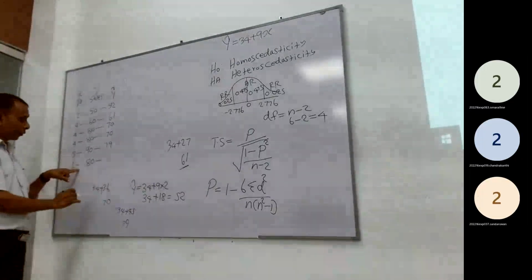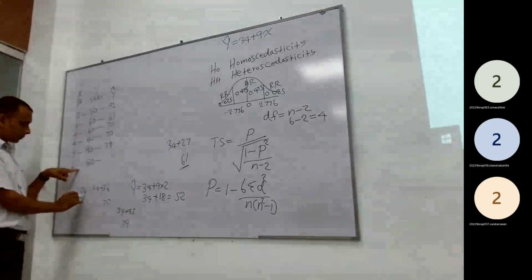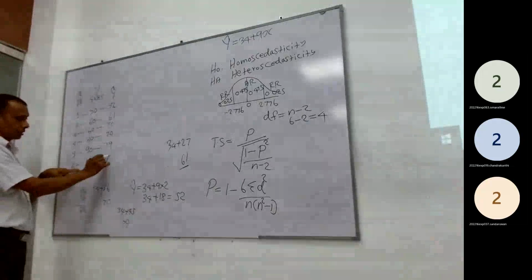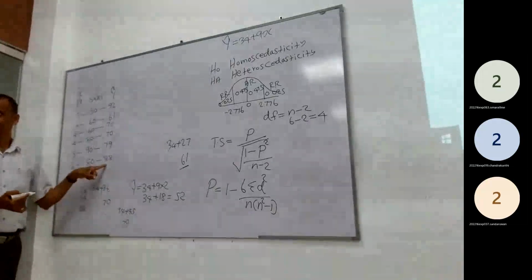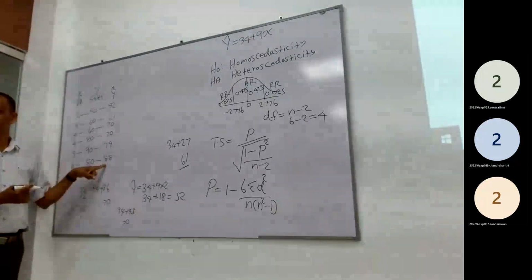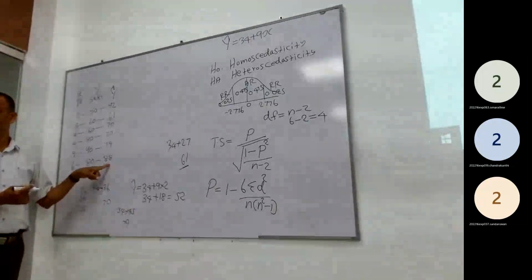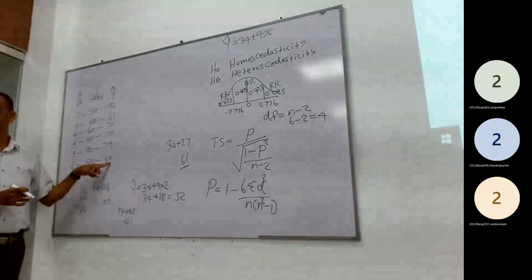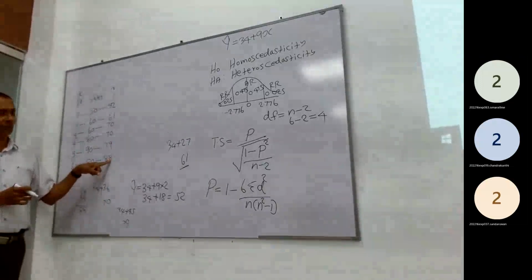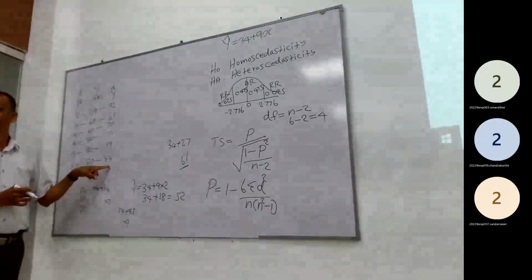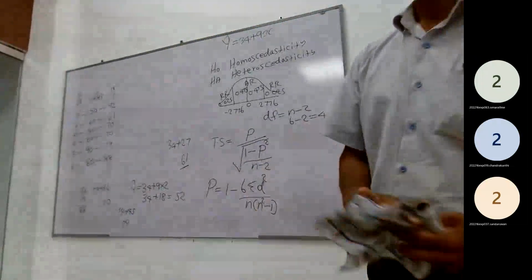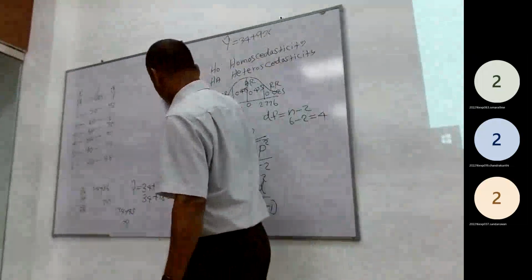Then 6: 34 plus 54, 88. These figures you calculated last week, isn't it? If you don't have last week's with you, you are having these values.